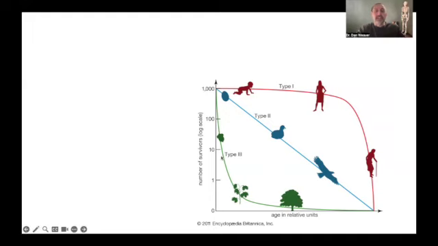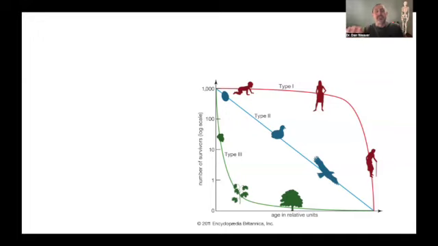In type 3, we have a tree that produces hundreds of thousands or millions of acorns even. There's acorns everywhere. But a lot of those acorns are lost. Very few of them become saplings, and then even fewer become adult oak trees. So these are different types of organisms with different strategies to survive.